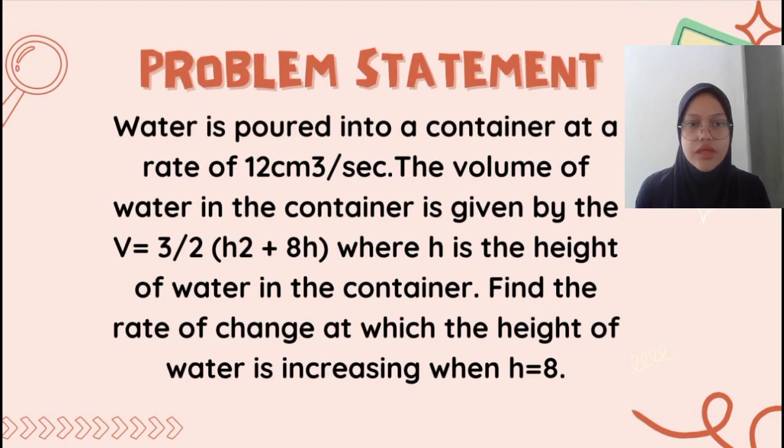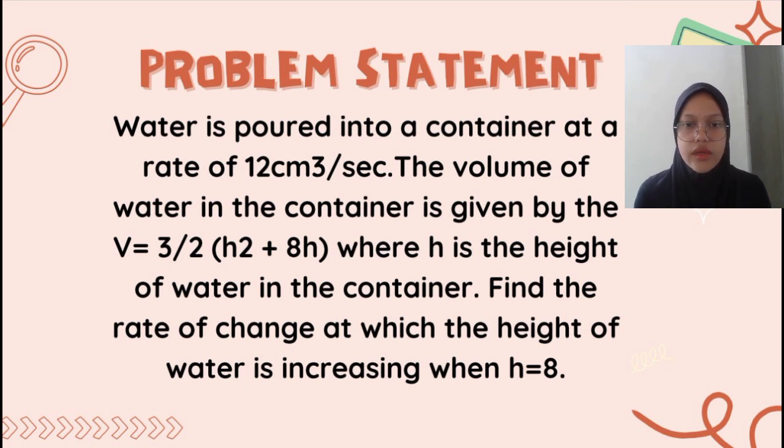Here is another example question of application of differentiation. Water is poured into a container at a rate of 12 cm³ per second. The volume of water in the container is given by V equals 3 over 2 in brackets h squared plus 8h, where h is the height of water in the container.